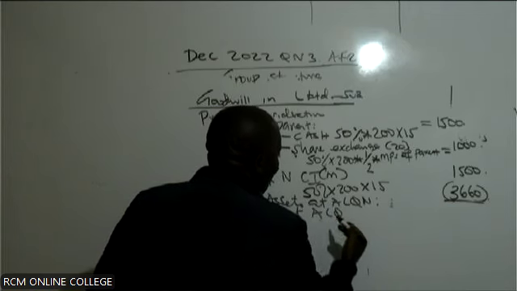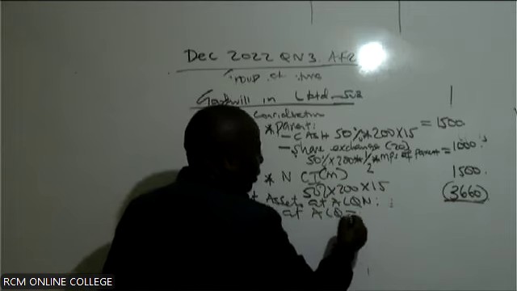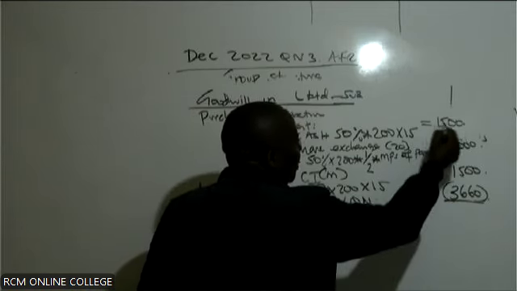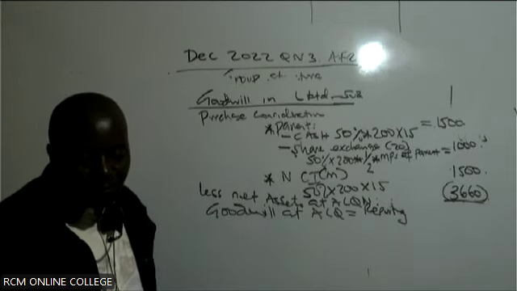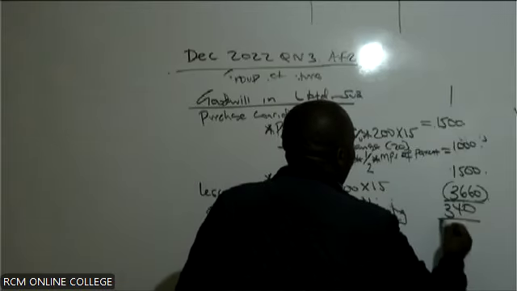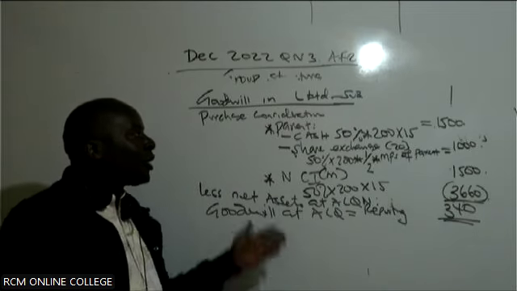There was no impairment, so this will be goodwill at acquisition, which is also goodwill at reporting. You take this plus this minus 3660, and I'm being given 340.